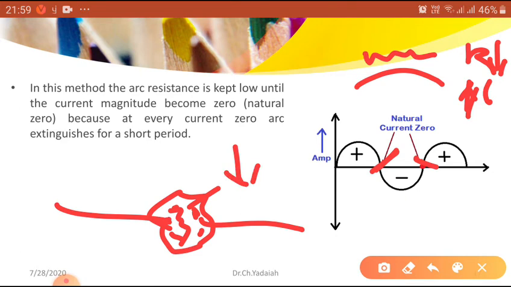The dielectric strength is very weak, so it is unable to resist the flow of electrons. Therefore the ionized air can easily break down under the contact voltage, and the arc will persist for another half cycle.